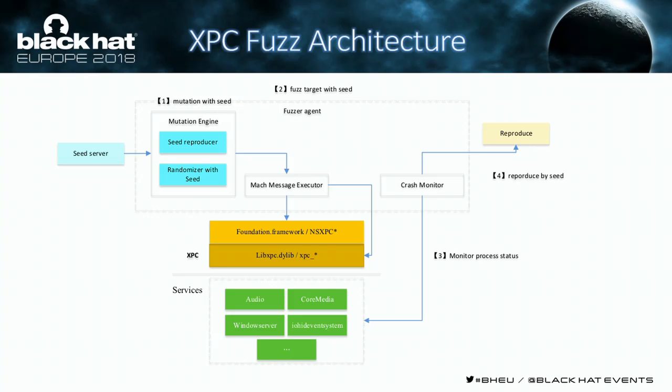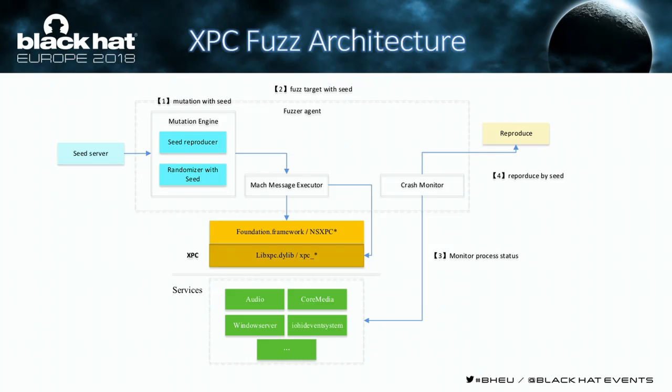For the mutation engine, we introduced the concept of a pseudo-random algorithm. Using this algorithm, we can get a large number of random numbers, which can help us compose the fuzzing mach messages. And for one seed, we can always get the same pseudo-random number sequence, so it can make the crash reproduce easily.